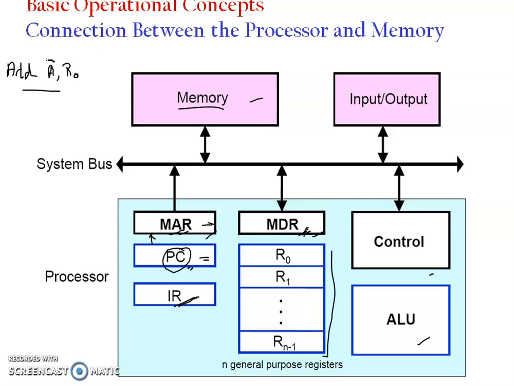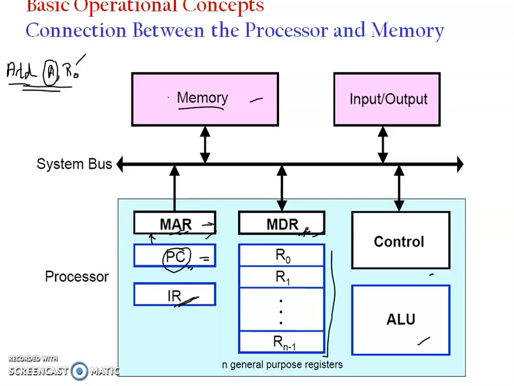Here A and R0 indicate the operands, and ADD indicates the opcode, or the operation that needs to be performed. So first this instruction will be placed in the memory.